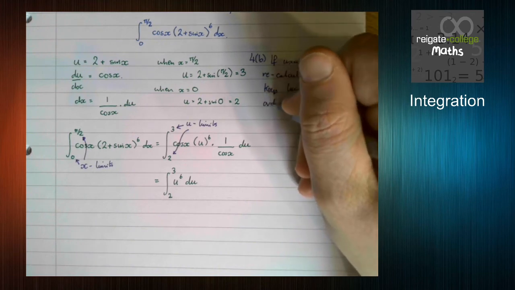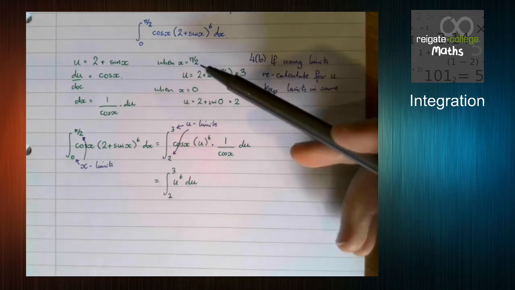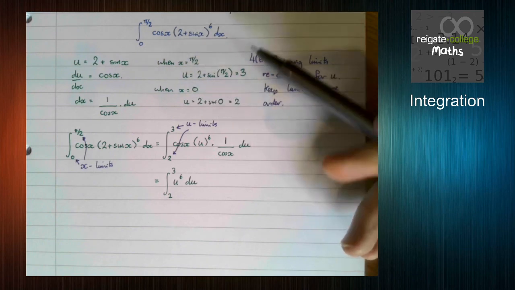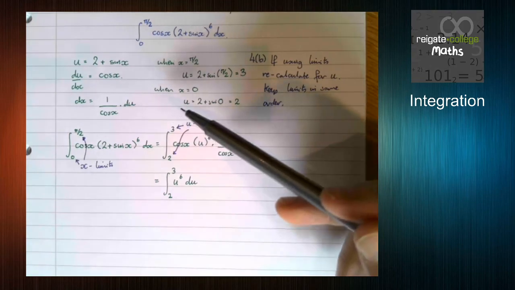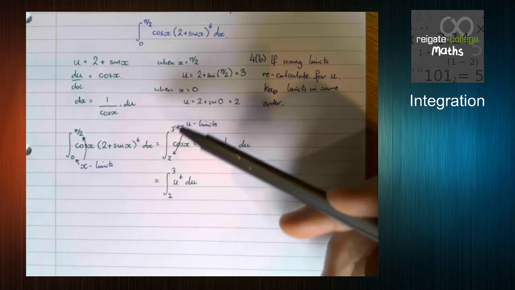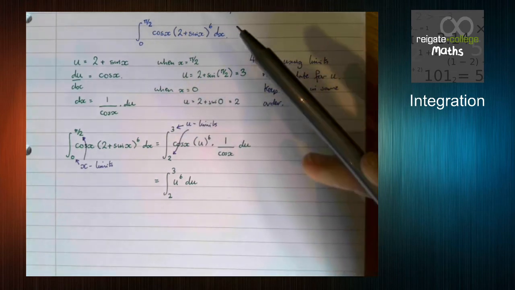And don't worry, it'll sort itself out. So if we had these the other way round, so if when x was pi over 2, we got 2, and when x was 0, we got 3, we'd have 2 and then 3, because those match. Okay? They have to translate across. Don't just swap them round because you're used to having the bigger number on the top. It sorts itself out.